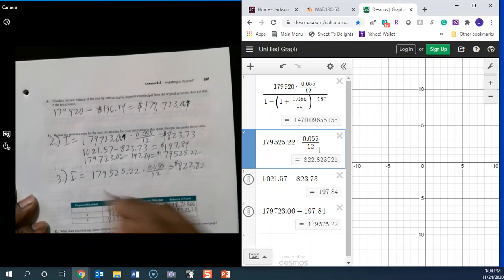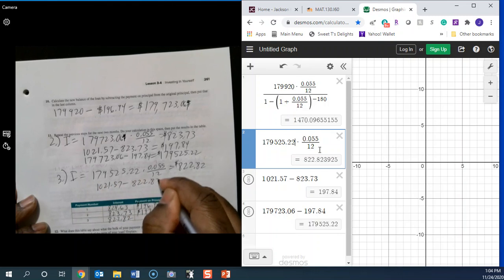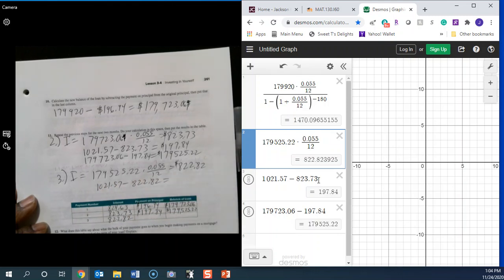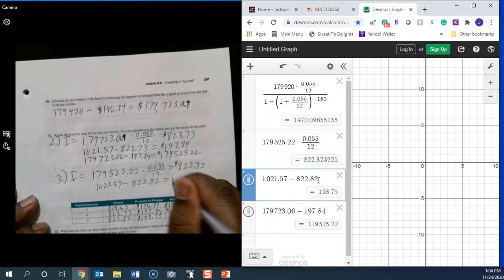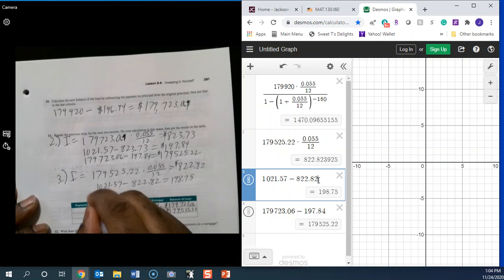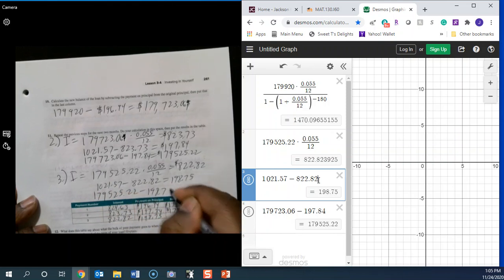So then the payment on the principal, we'll take the 1,021.57 minus 822.82. So that'll be 198.75. And then we would take that from the principal. So we have 179,525.22 minus 198.75.